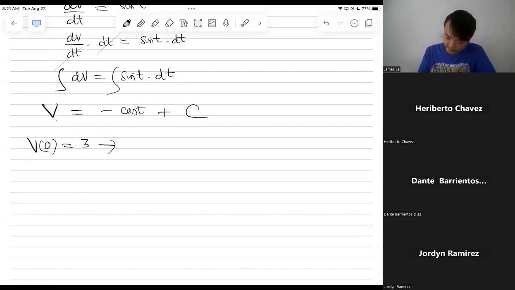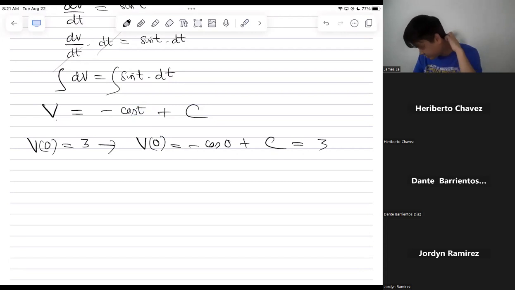So let me see what that is. What is v of 0? v of 0 means you replace t by 0, because v is a function of t. So negative cosine 0 plus C equals 3.